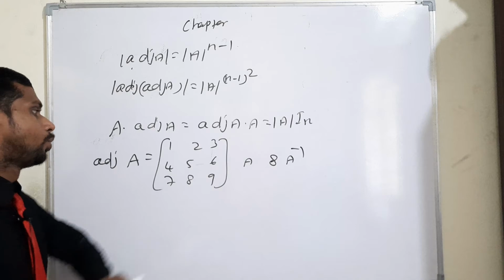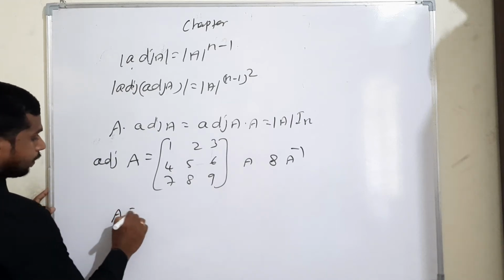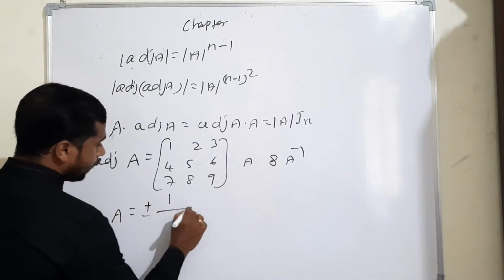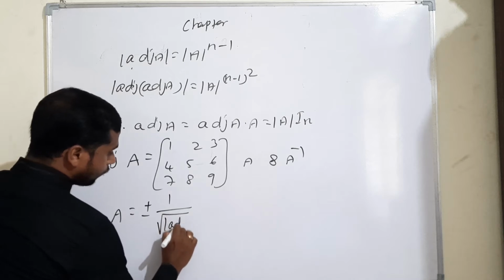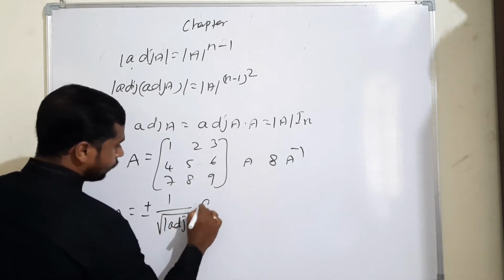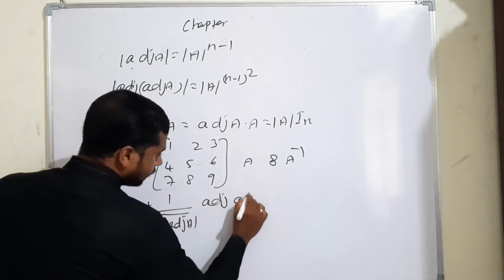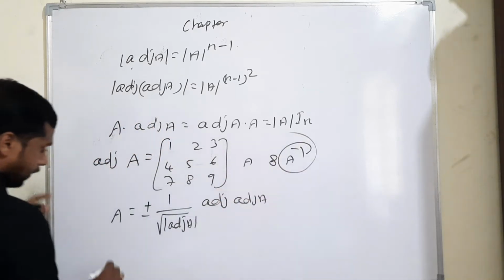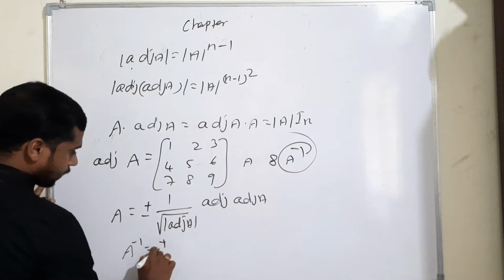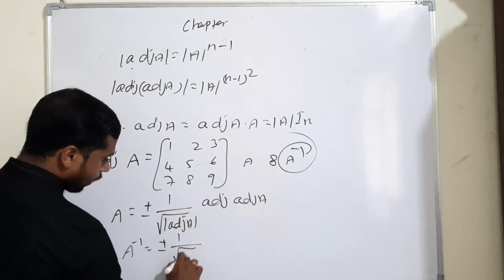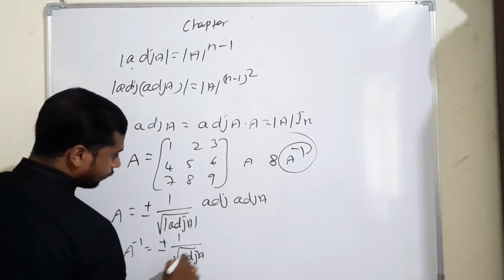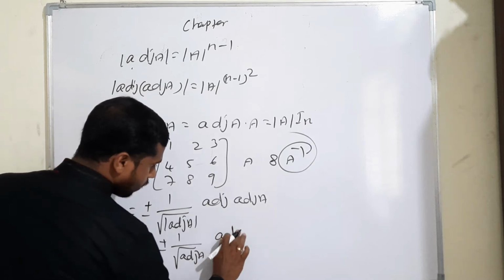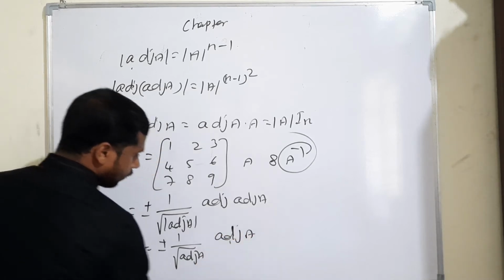If you need to find A, it is plus or minus 1 by square root of determinant of adjoint of A, into adjoint of A. If you need to find A inverse, it is plus or minus 1 by square root of determinant of adjoint of A, into adjoint of A only. That is the difference.